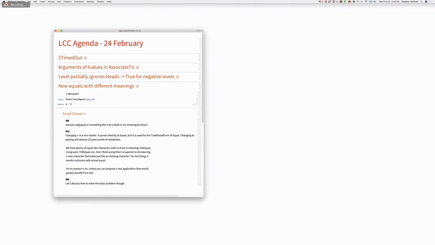So for example, we have a dot equals character. What's the argument? Are you saying that's something that shouldn't be used, Jose? Fine, except for its appearance. Go ahead.